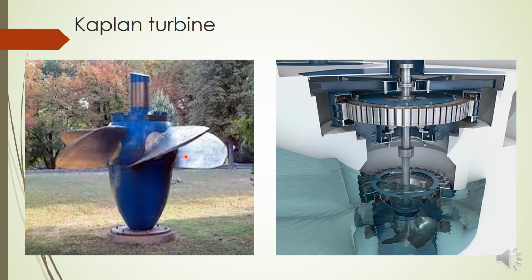These are the blades. It can be very huge or it can be very small also. So this is a huge Kaplan turbine produced by General Electric. You can see here these are the guide vanes. This is the vertical shaft and this is the lower end of the shaft with this propeller. So with this we are completing all the 3 turbines.